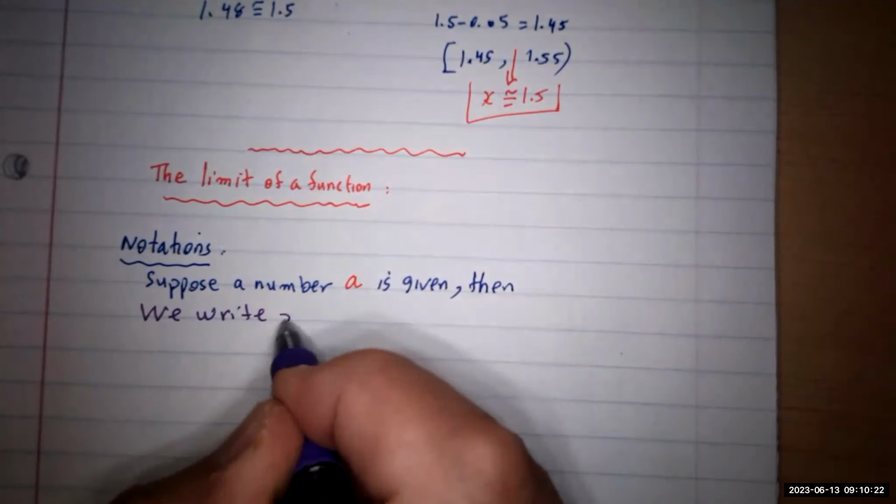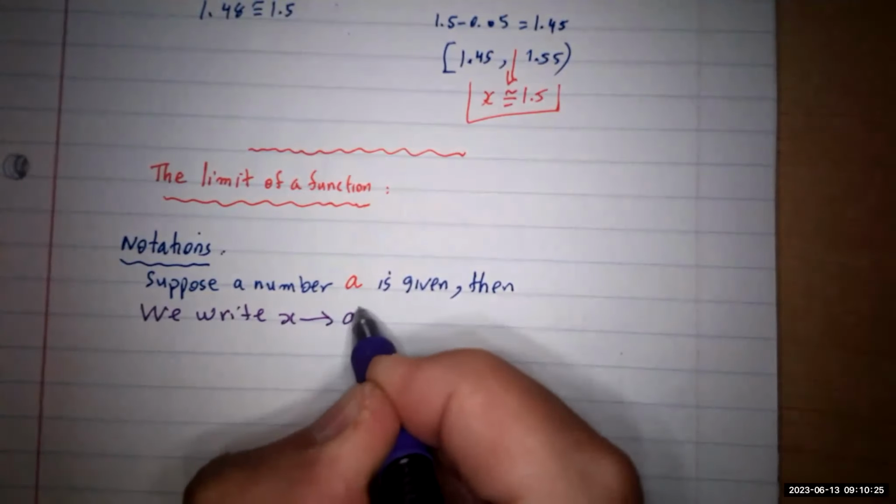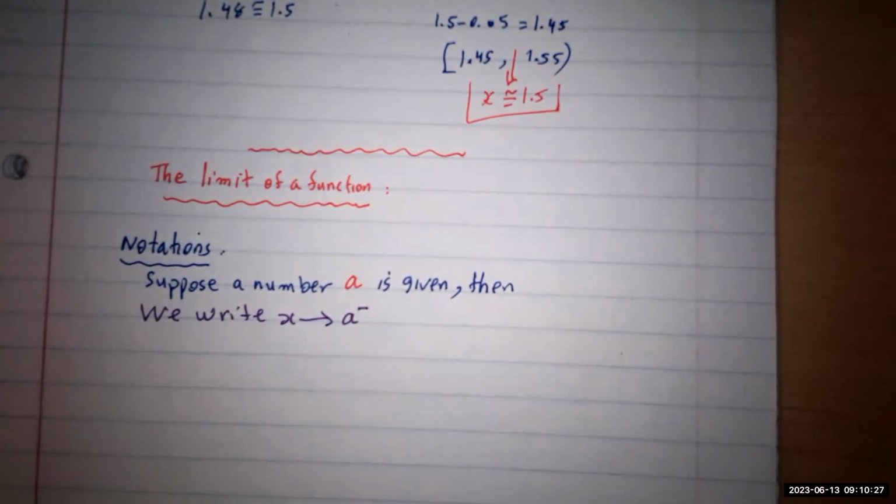If this is the case, then the first notation is, we write x goes to a negative. So this means we estimate the value of x when they are less than a, estimated from the left.